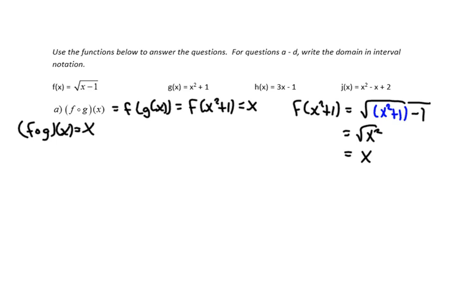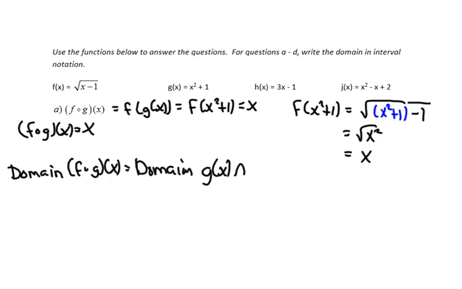Now, the domain is the domain of the inner function intersected with the domain of the entire composed function. Well, g of x is x squared plus 1.